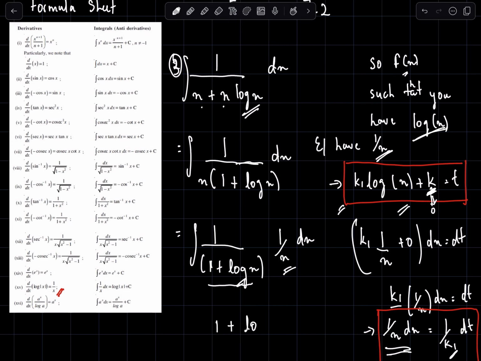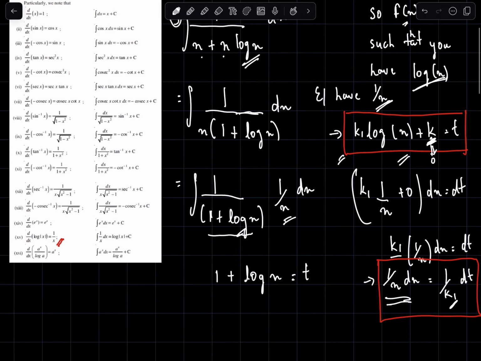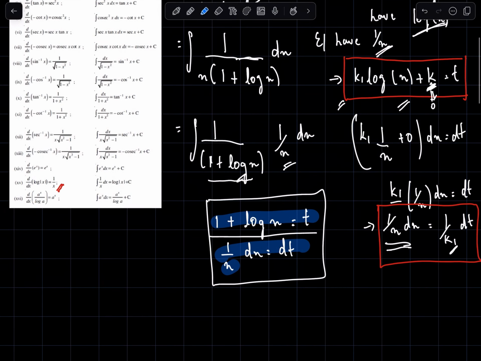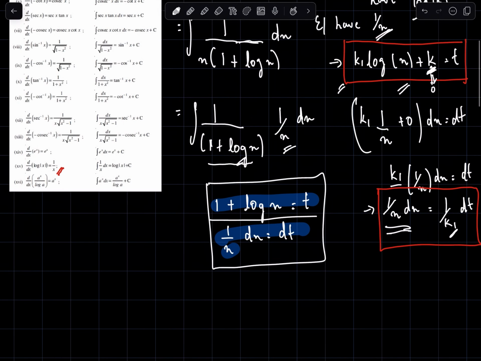1 plus log of x is equal to t. So differentiate on both sides. What do you get? You get 1 over x dx is equal to dt. Now these two are your substitution values. So I'm highlighting them. Alright. So let's integrate them. So let's write the other version of it.